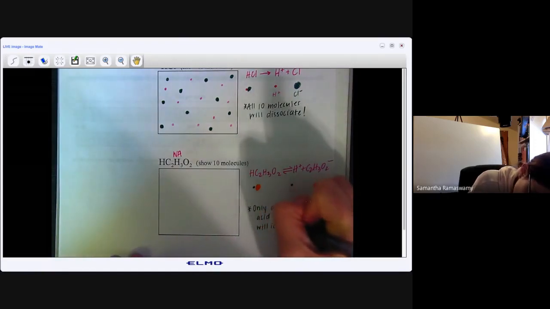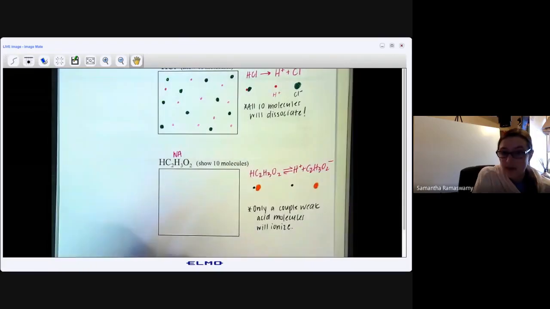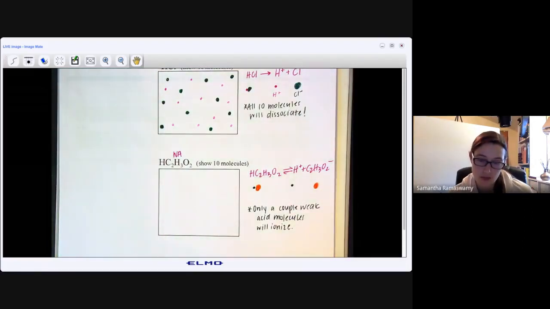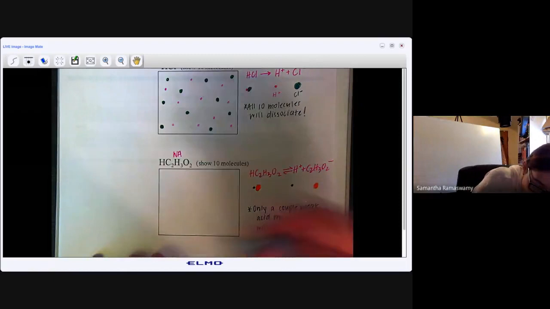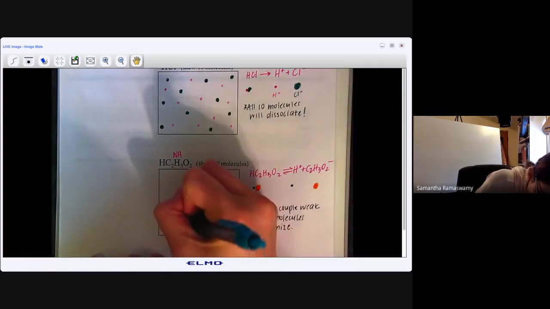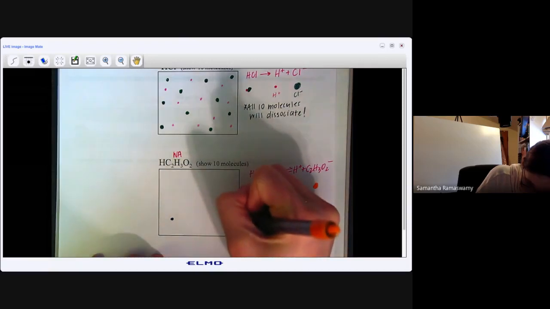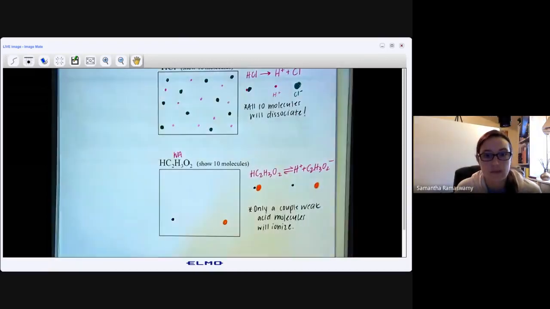I'm probably only going to show one ionizing because 1 of 10 is still 10%, and that's even probably more than what acetic acid would dissociate, would ionize. So I'm only going to show 1 of them dissociating because weak acids usually ionize less than 5%. So I'm showing 1 acetic acid molecule ionized, 1 of them broken apart.